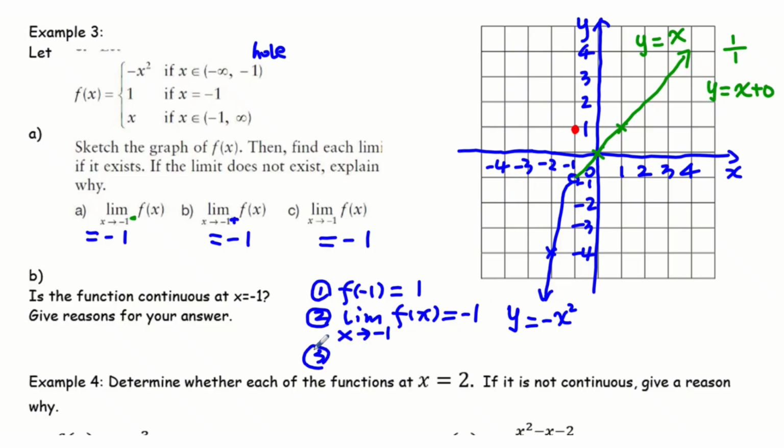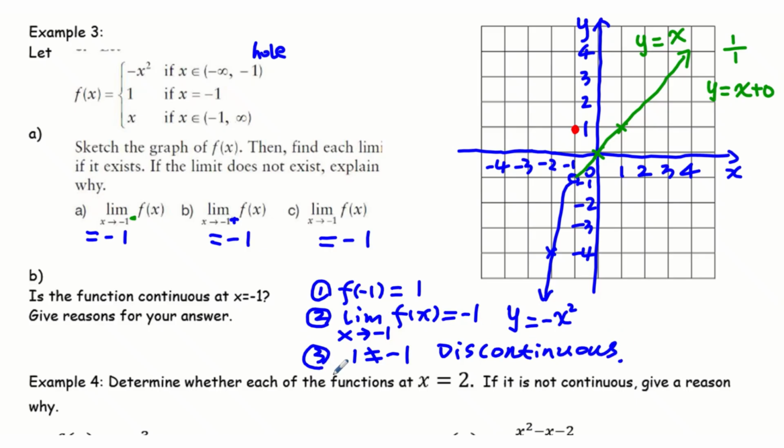Step 3, 1 is not equal to -1, so this is discontinuous. So the 3 steps will help you to determine if a function is continuous or not.